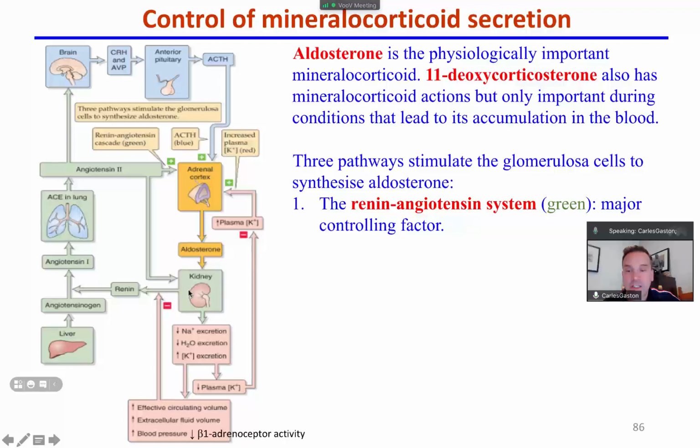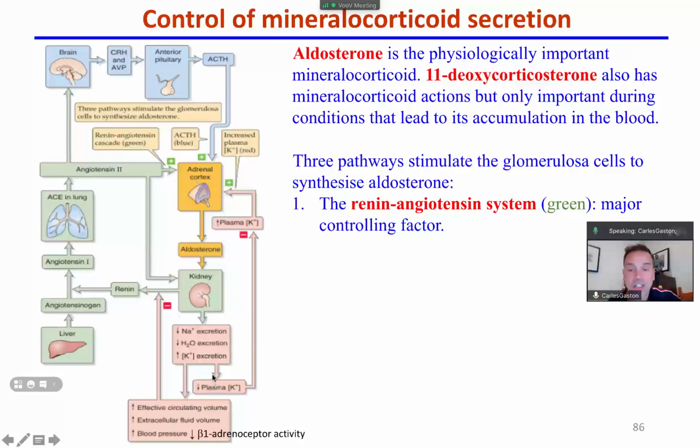Aldosterone will tell the kidney to decrease sodium excretion, decrease water excretion, and increase potassium excretion.